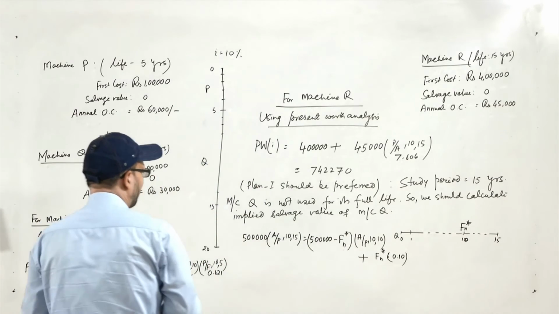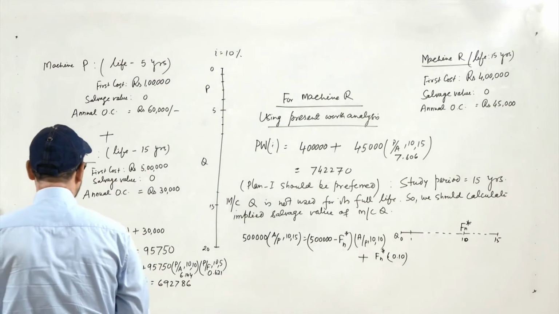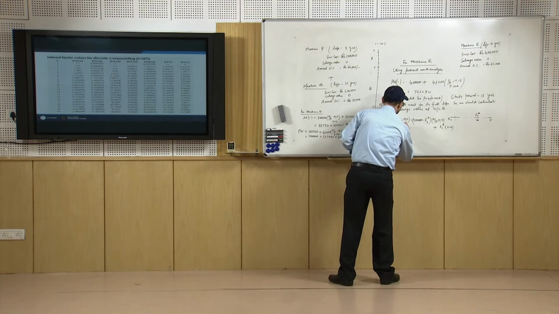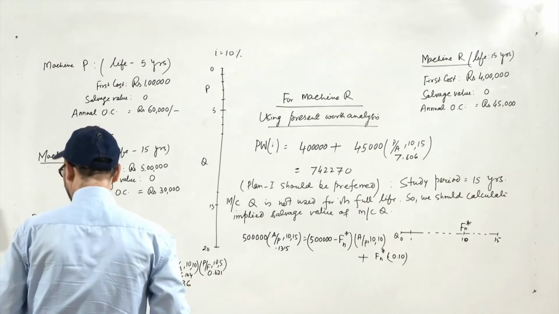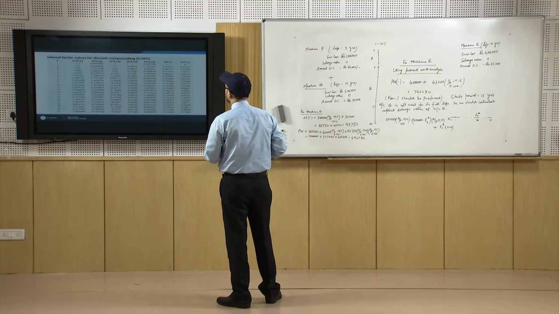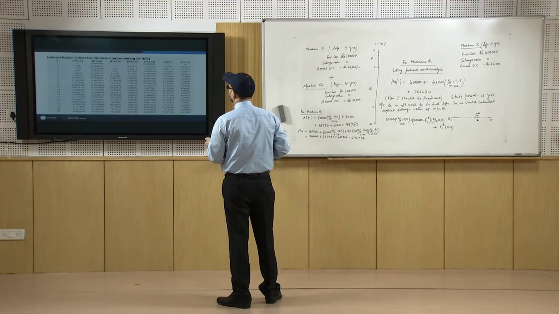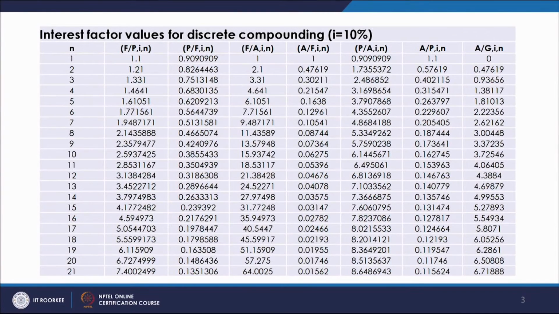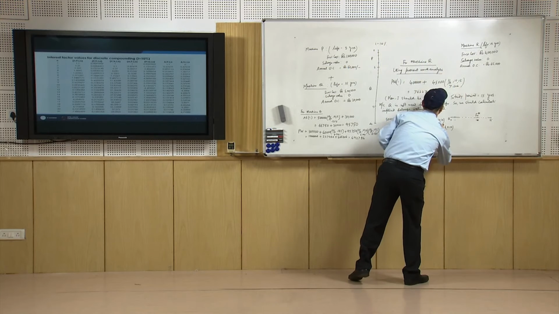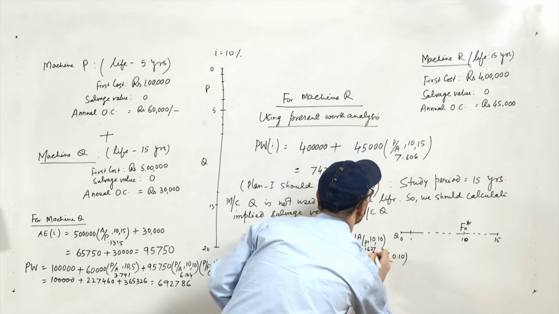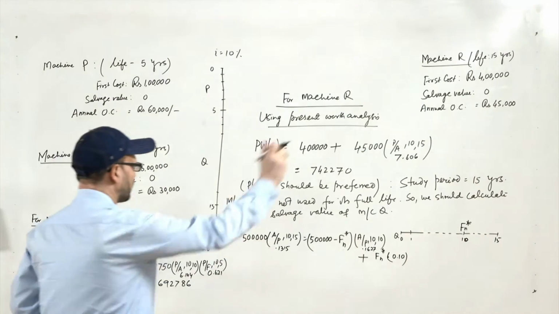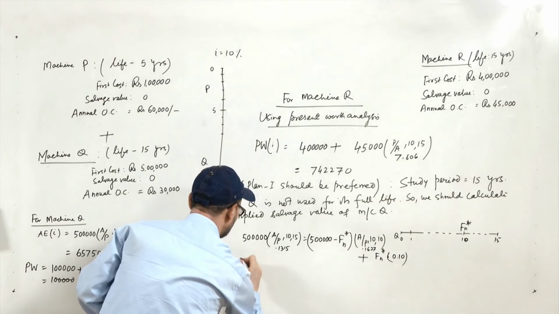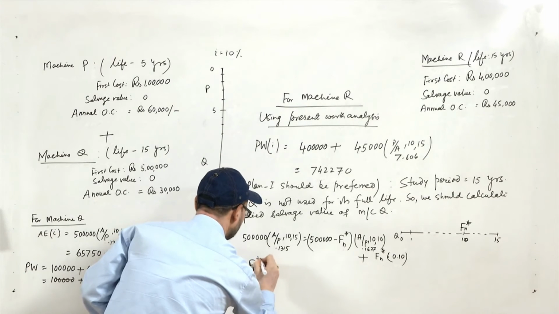So, now A by P 10, 15 as we have calculated is 0.1315, and A by P 10, 10 is 0.1627. So, basically we have to solve this equation. Then in that case Fn star we can get directly.